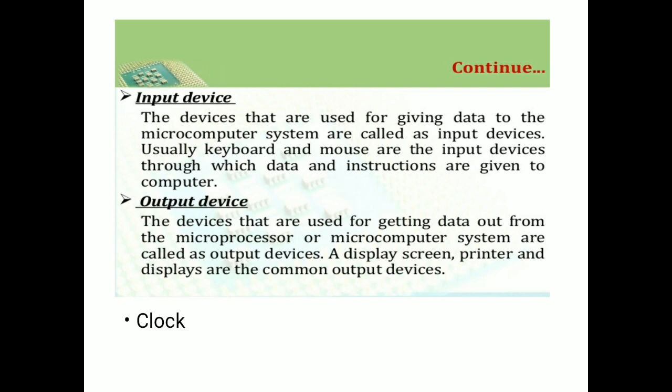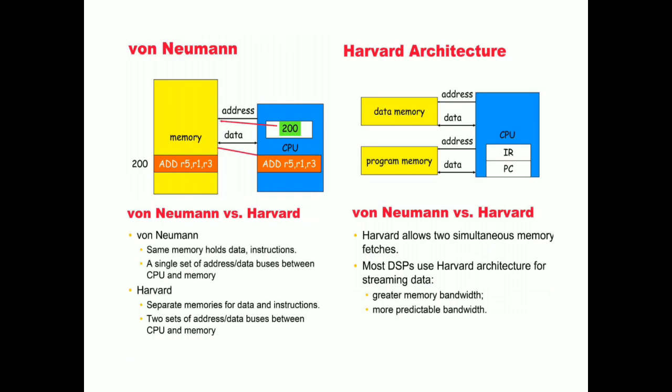The clock speed determines the speed of the operation of the computer. A computer with a high frequency clock works faster. Normally, the clock frequency is in the range of megahertz or gigahertz.